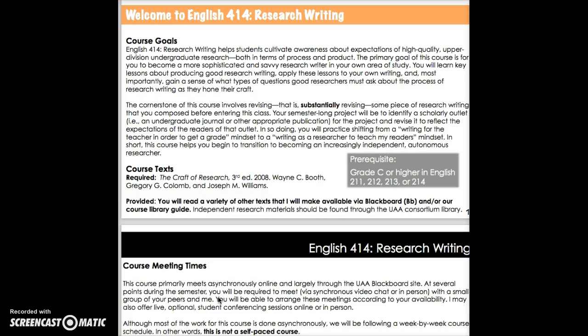We have one textbook. It's inexpensive, it's accessible, it's easy to read. I'll give you some more materials to read through our Blackboard shell, not an incredible amount, but some supplemental pieces. But that Craft of Research book, it's small and it's easy to read, but it is a wealth of information.